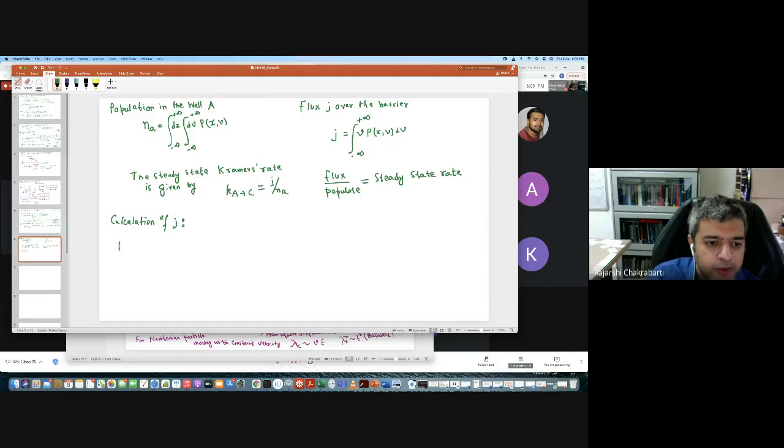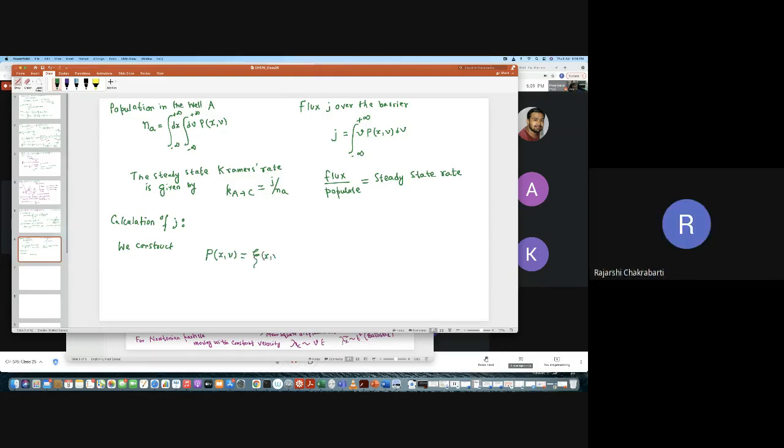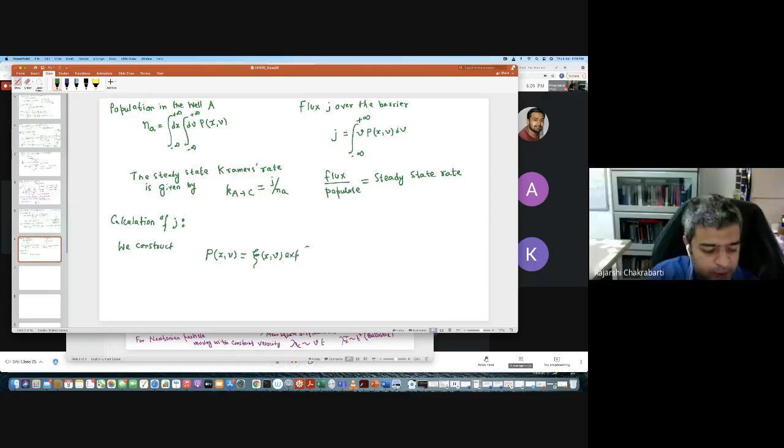And we construct, to begin with, my steady state P of X comma V is something like xi of X comma V times an exponential of, look at it very carefully.